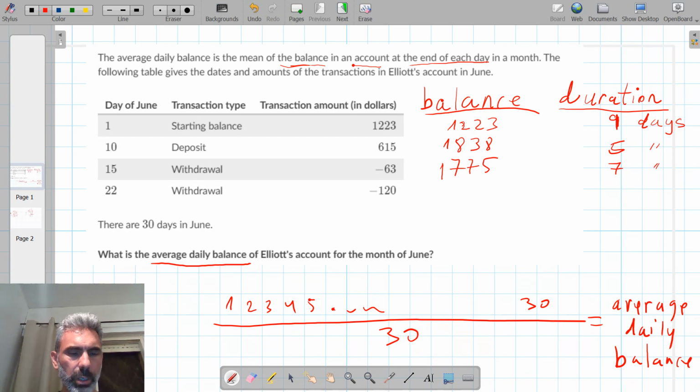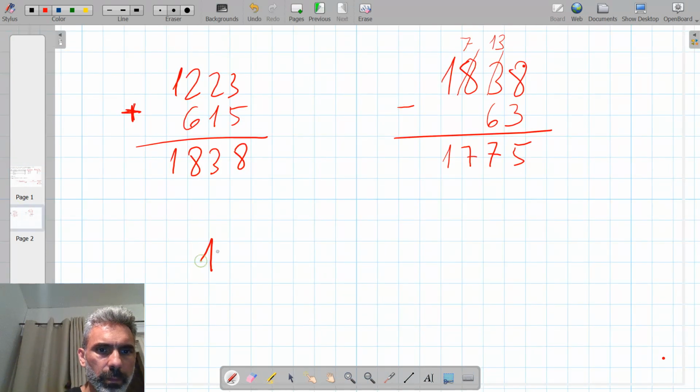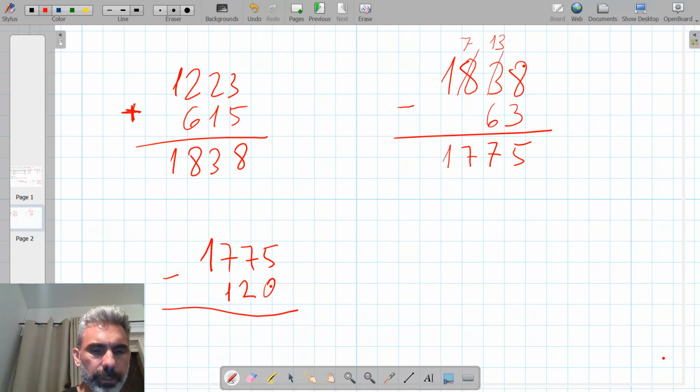Okay. And then on June 22nd, the balance has changed once more because Elliot made a withdrawal of $120. So the new balance is 1,775 minus 120. 5 minus 0 is 5, 7 minus 2 is 5, 7 minus 1 is 6, and 1.